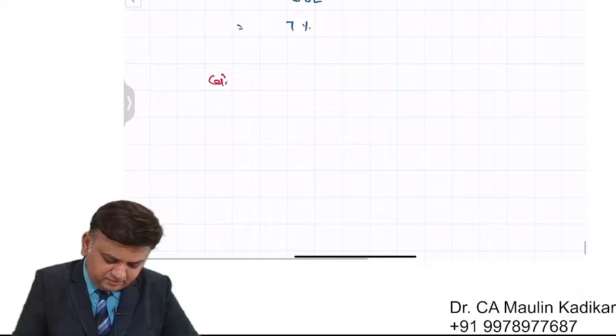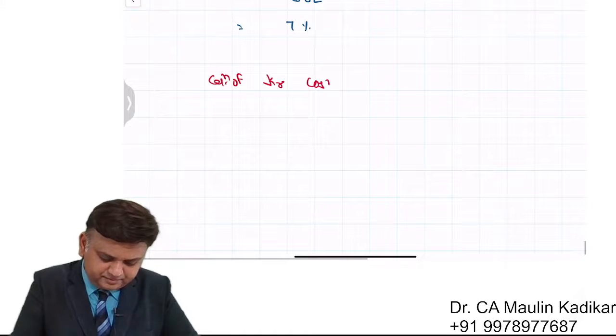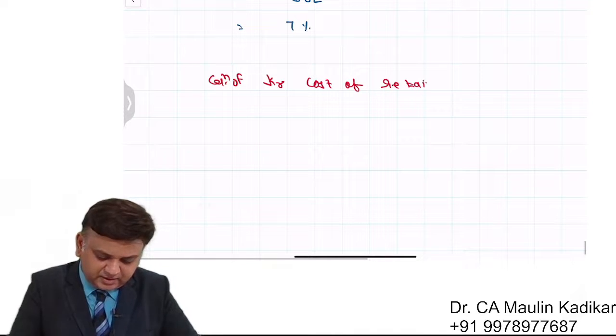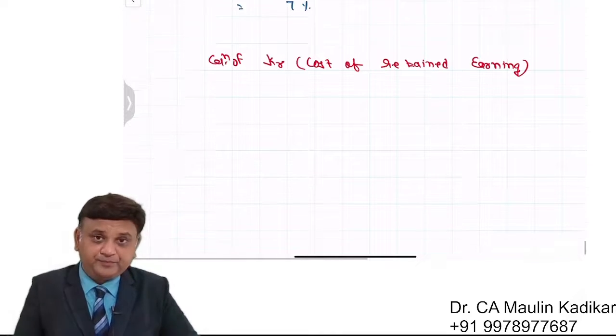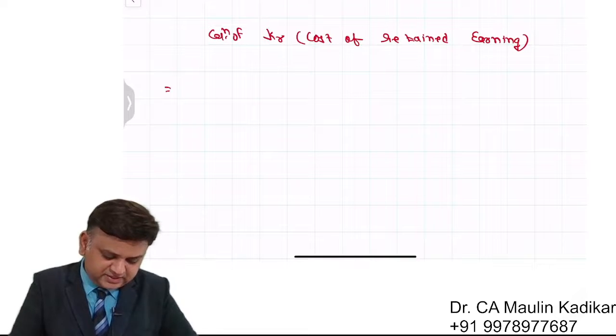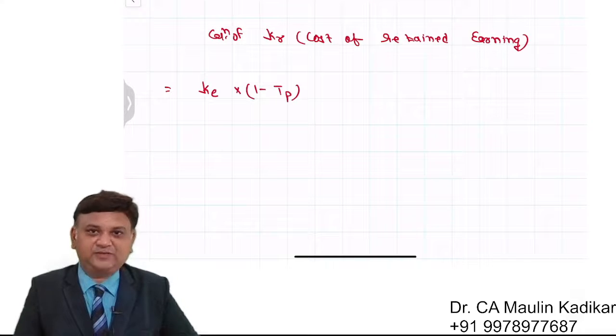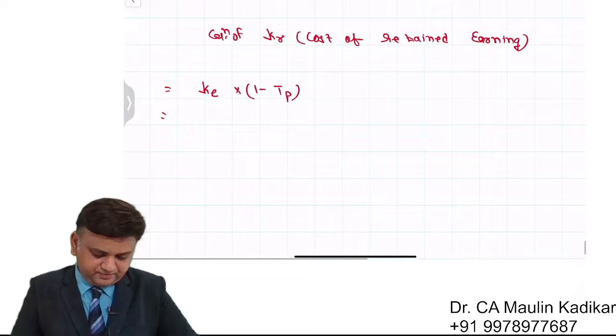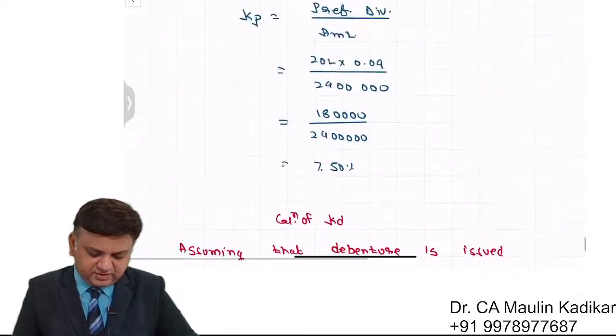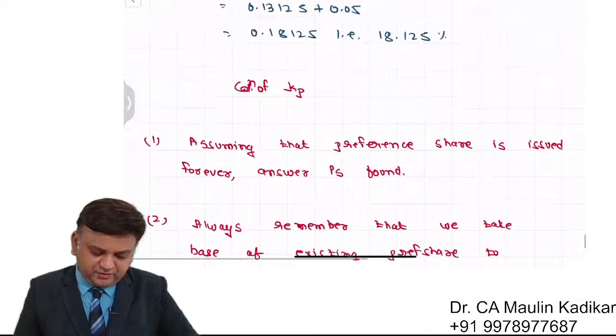Calculation of KR, cost of retained earning. In that case, we have to work out the answer like this. Cost of equity into 1 minus personal tax rate of the investor. What is cost of equity? Cost of equity we have already found.